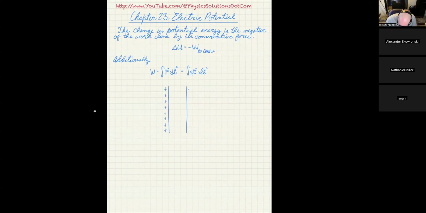The other plate, of course, has the exact same charge, only it's negative. So notice I'm even trying to make sure I write a negative charge for each of the positive charges.